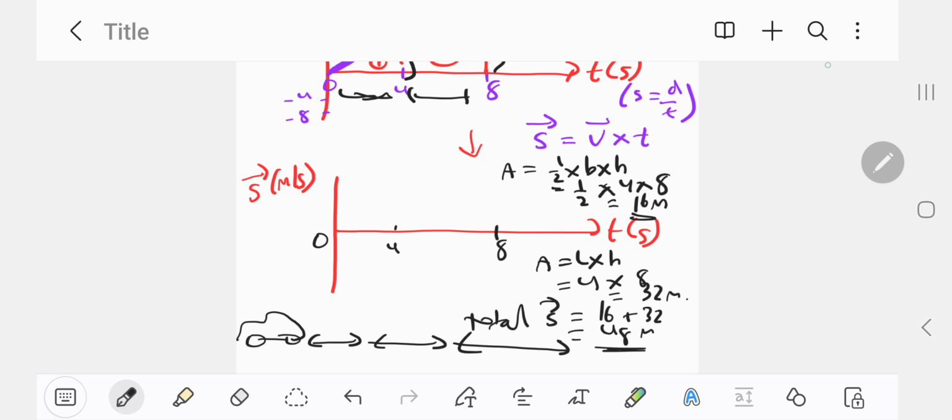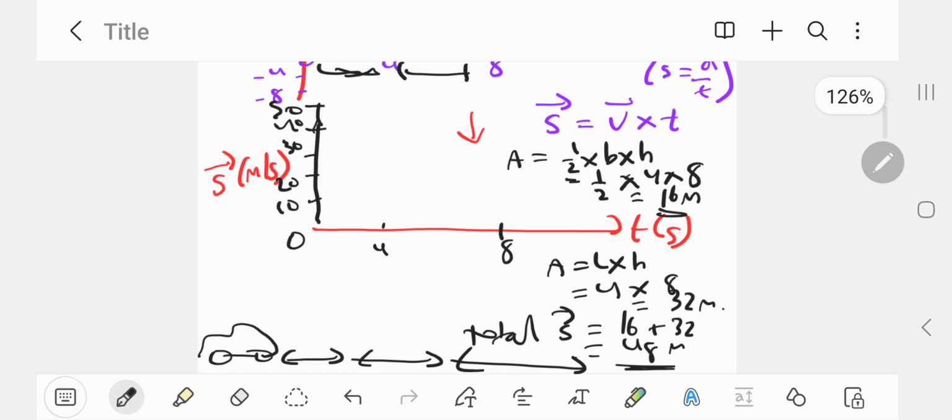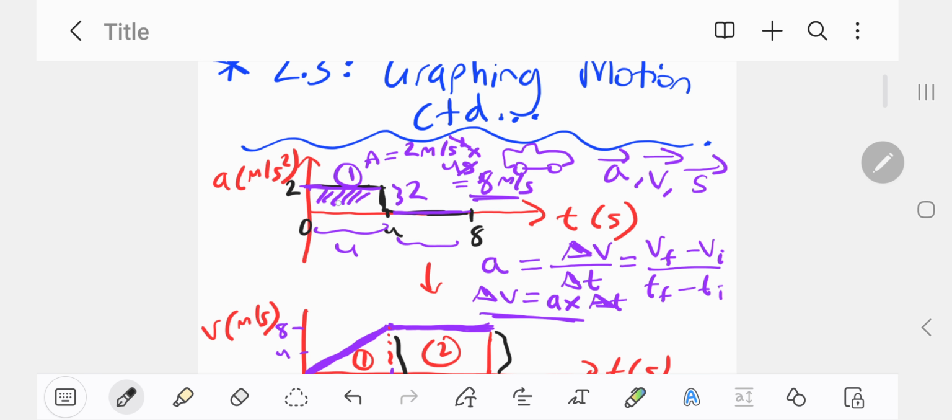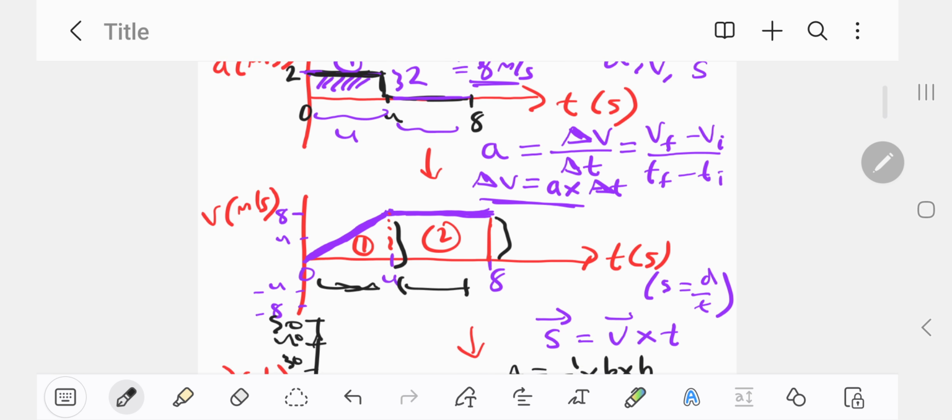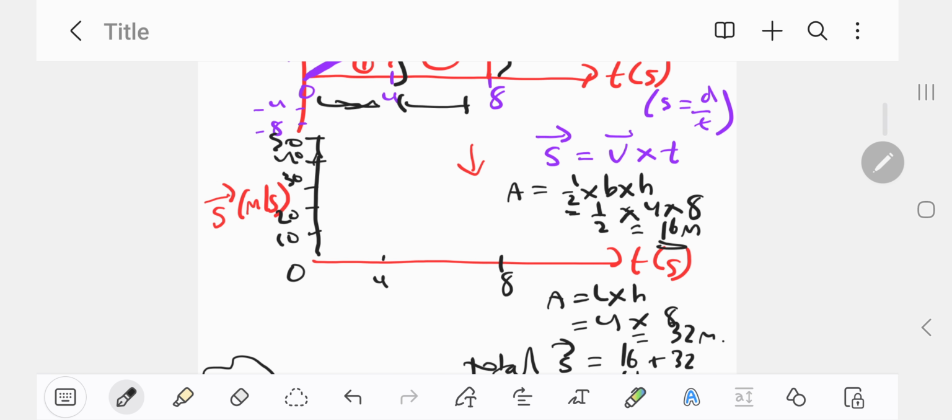So from 0 to 4 seconds, I should mention here, let's go up by tens, 10, 20, 30, 40, 50. From 0 to 4 seconds, I'm going to get a curved line because the object is accelerating. Okay, if you look here, 0 to 4 seconds, it's accelerating. So from 0 to 4 seconds, you've got 16 meters, right?